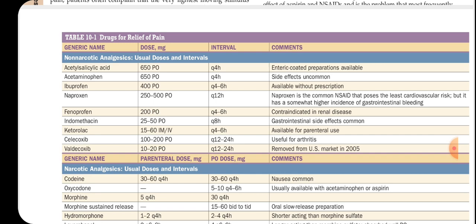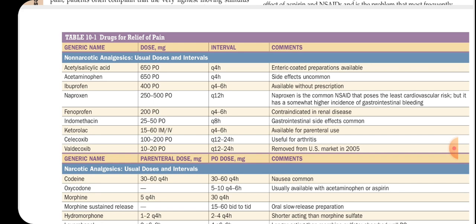Ketorolac, dose 15 to 60 IM or IV, interval Q4 to 6H. Comments: available for parenteral use. Celecoxib, dose 100 to 200 PO, interval Q12 to 24H. Used for arthritis.